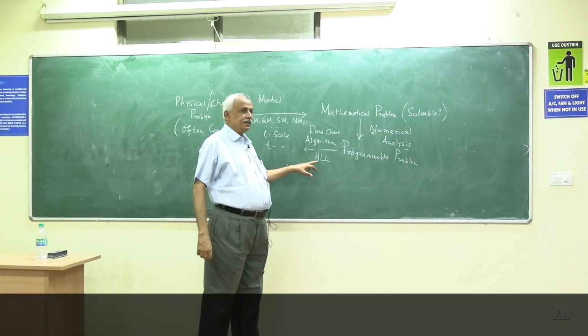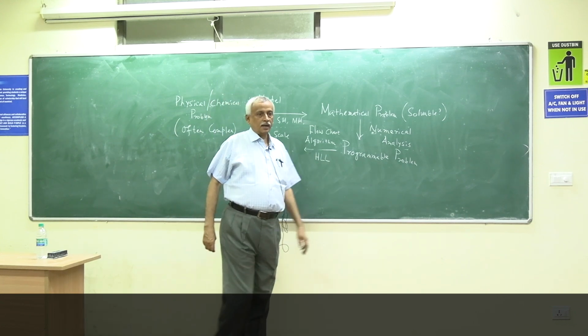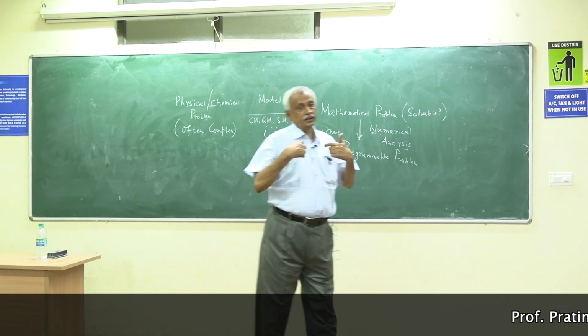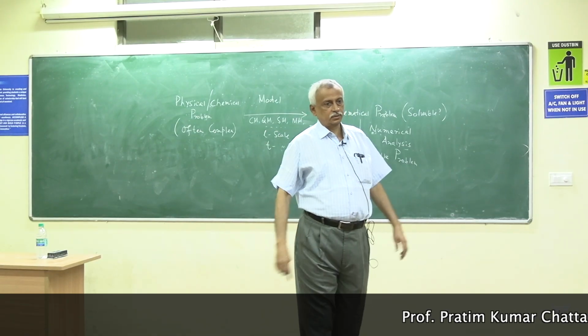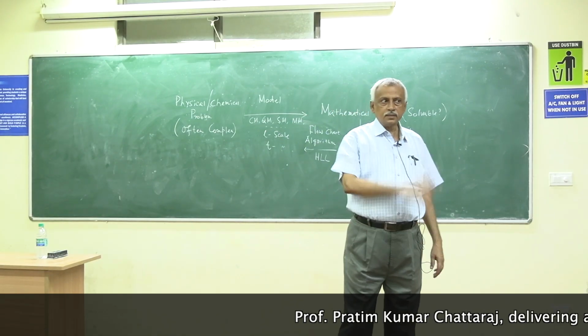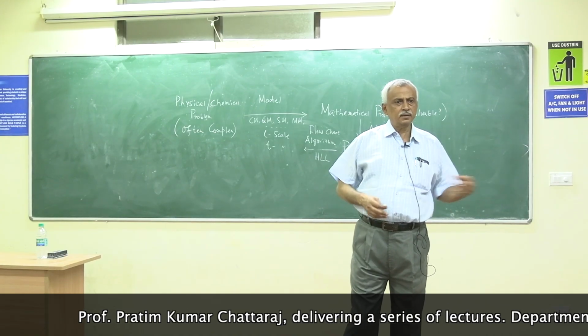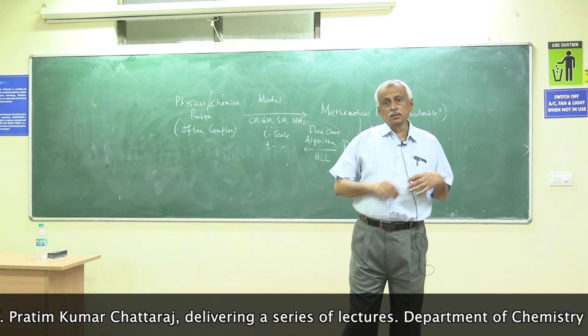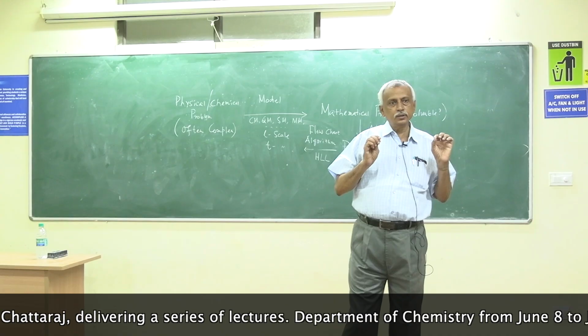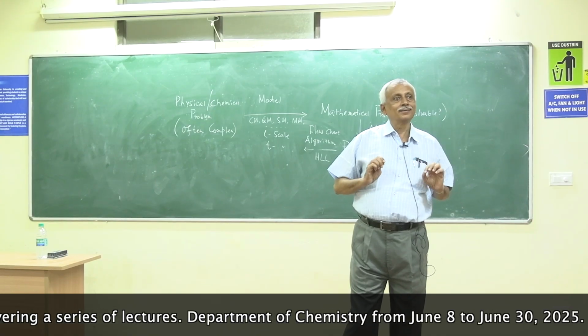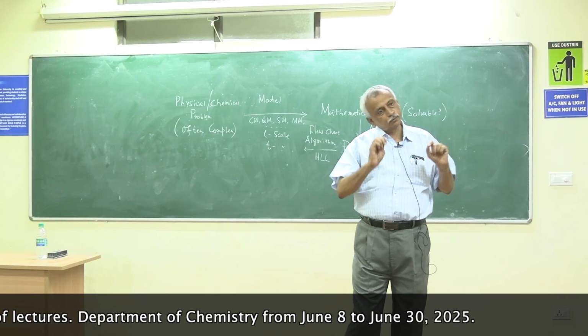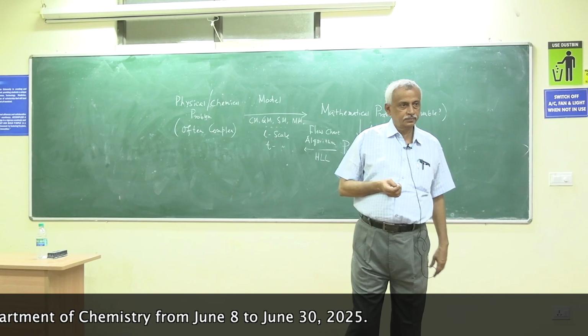This is called a high level language. High level language means which we understand. But the computer doesn't understand high level language. Like Fortran, Python, C++, Java, Pascal, Basic, these are all high level languages. So this we know, we can learn, and we can write a program using that language.